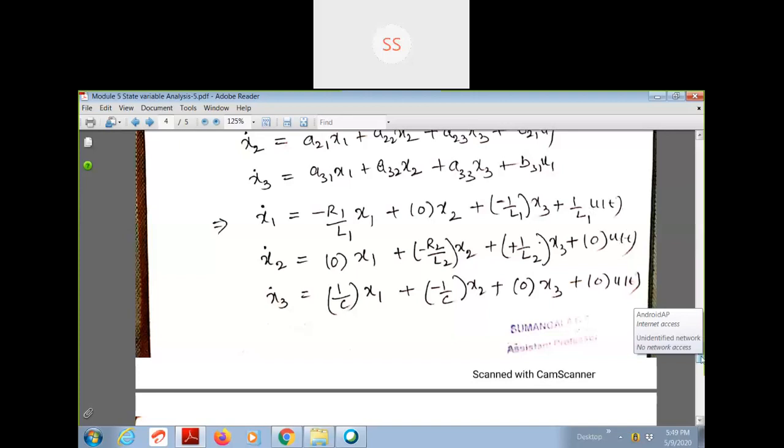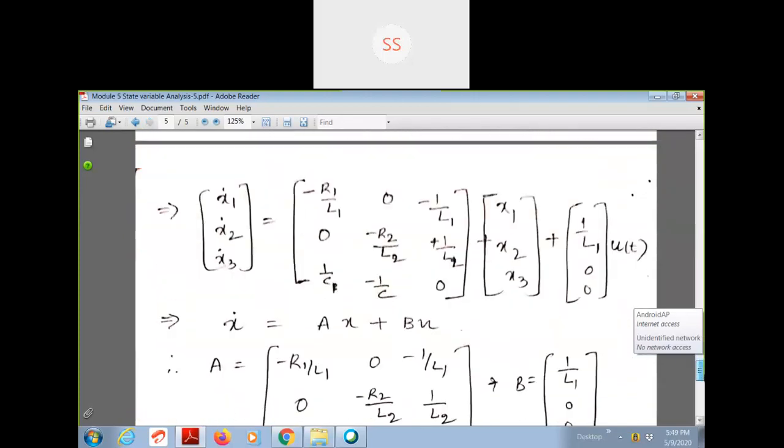So the matrix form, finally, we are writing like this: x1 dot, x2 dot, x3 dot equal to these coefficients of x1, x2, x3 plus b11, b21, b31 into u of t.